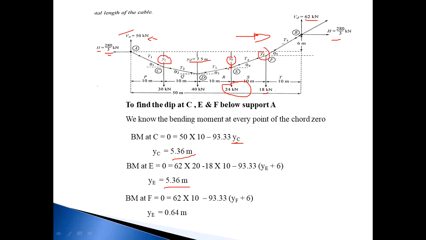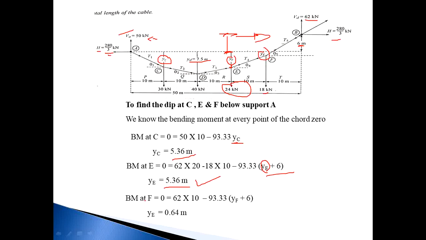Now the perpendicular distance from point E is YE, and from that A point the distance is 6 meter. So YE plus 6 is the perpendicular distance for H. In this equation, the unknown term is only YE. By solving this equation, we got distance YE is equal to 5.36, and that 5.36 is from the support A.